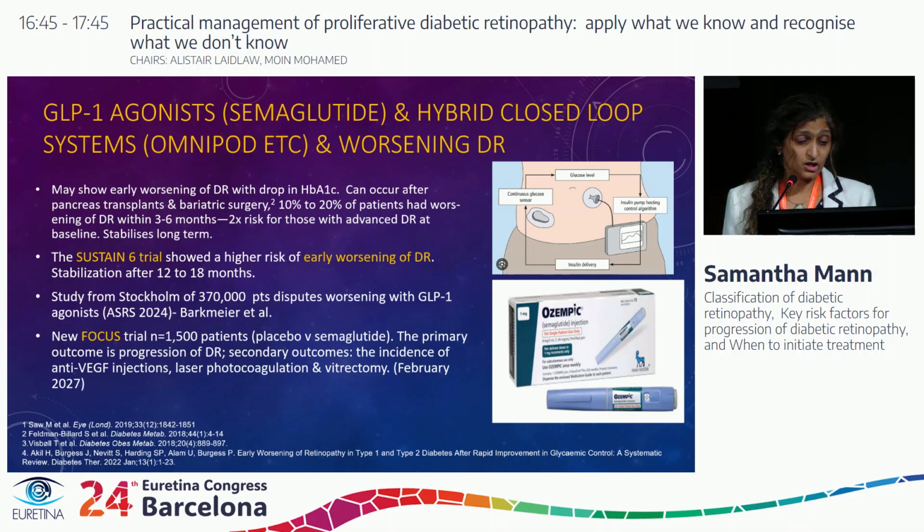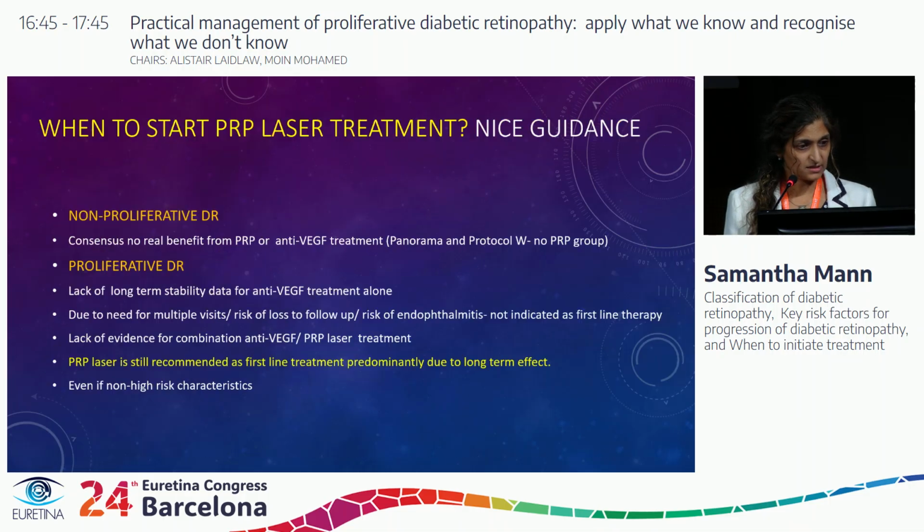A recent study from Stockholm disputes this worsening and says it may not be as bad as we think. But we're really waiting on the FOCUS study, which will publish in 2027, and that primary outcome is specifically about progressive retinopathy and looking at anti-VEGF and laser outcomes in patients on semaglutide. So we have to hold this space for that. We'll hear more about this shortly.